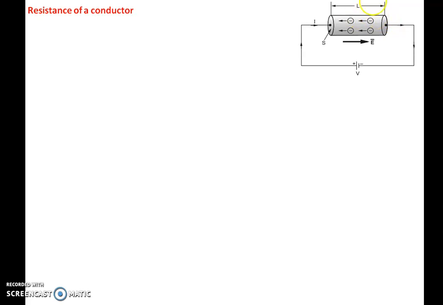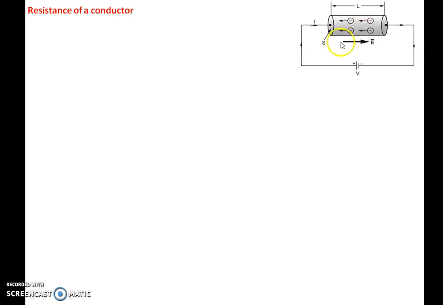So the direction of the current will be in the direction of the field, because the direction of the current is considered as the direction of the movement of positive charges, not negative charges. So it should be opposite to the direction of the movement of the electrons.